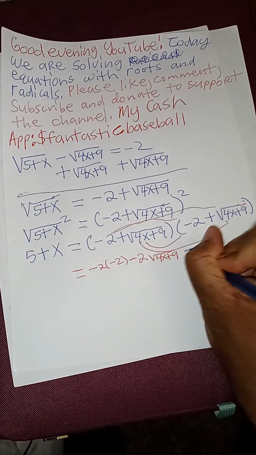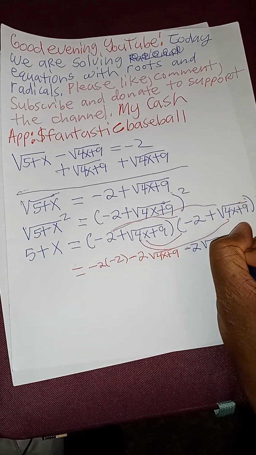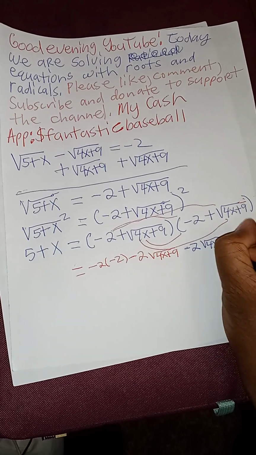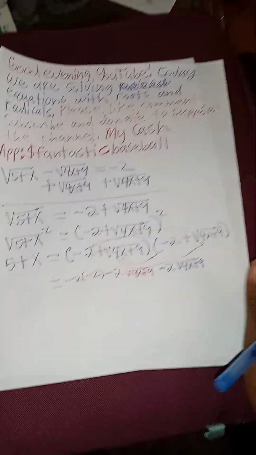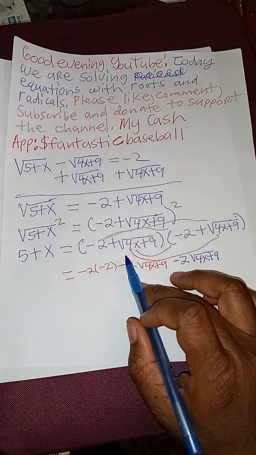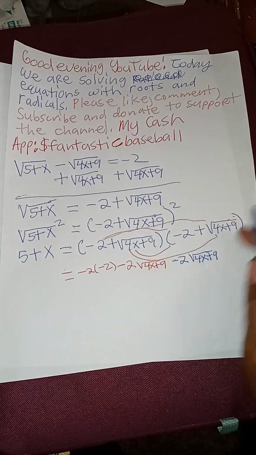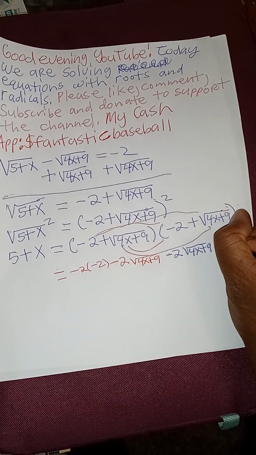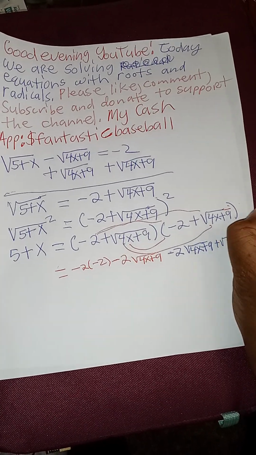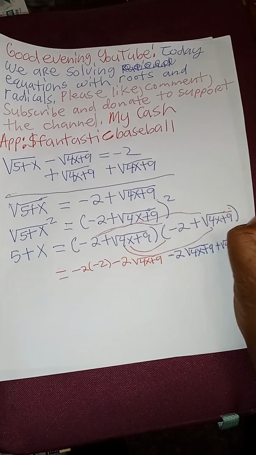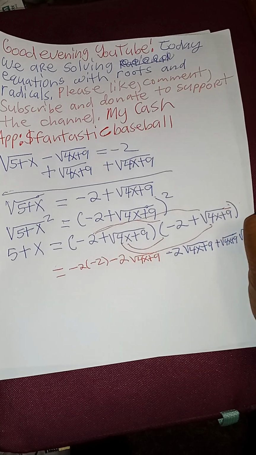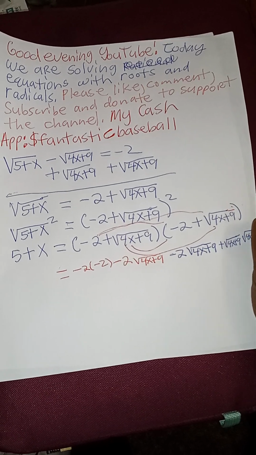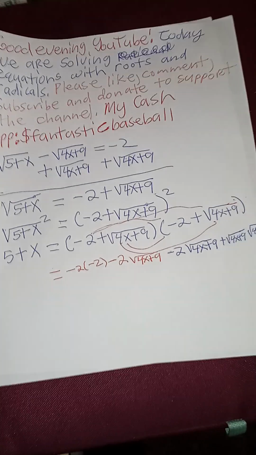So again, -2 square root of 4x plus 9. And then plus square root of 4x plus 9 times the square root of 4x plus 9.